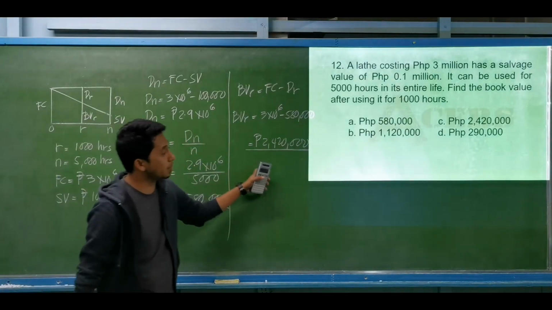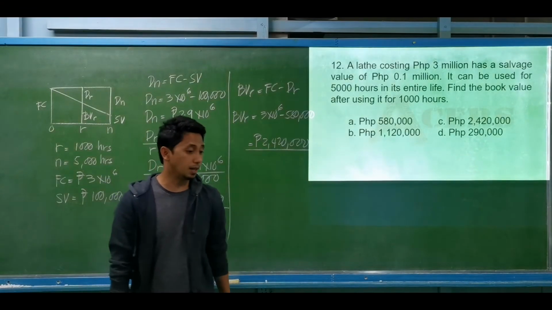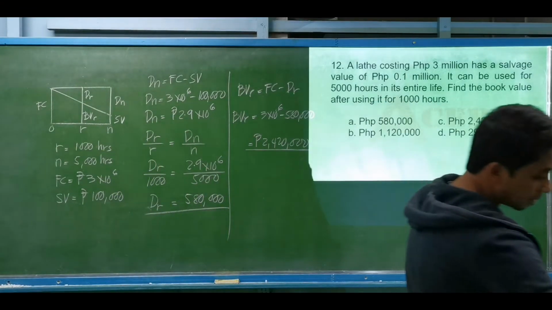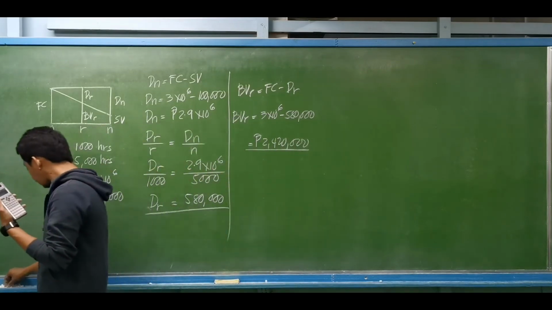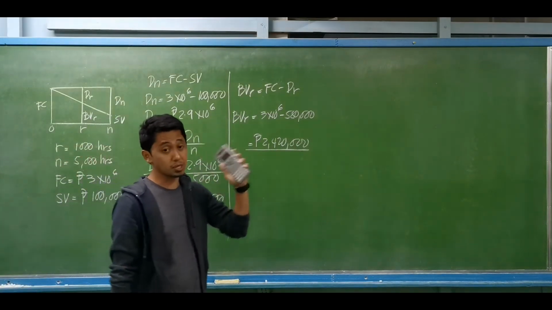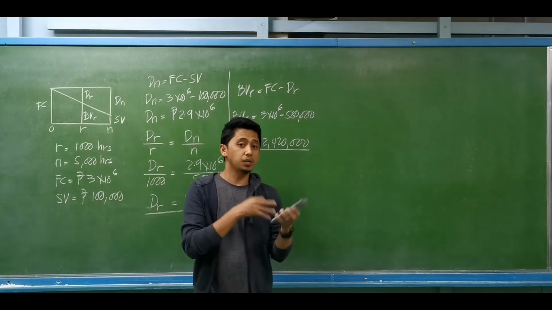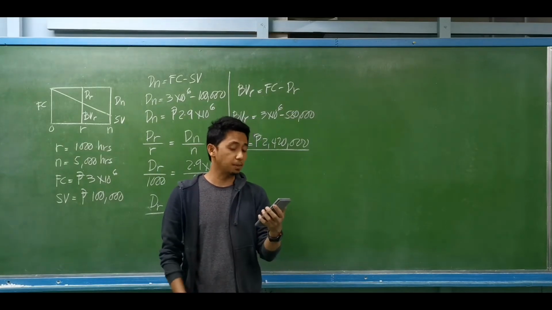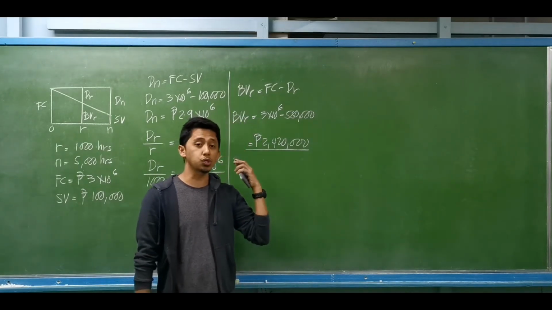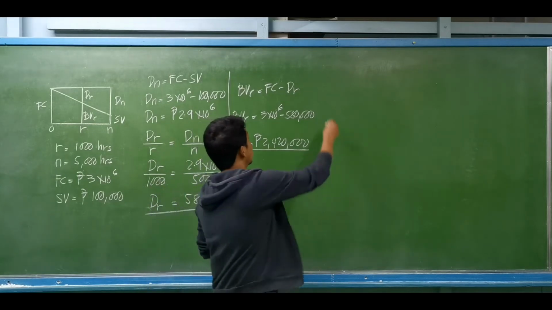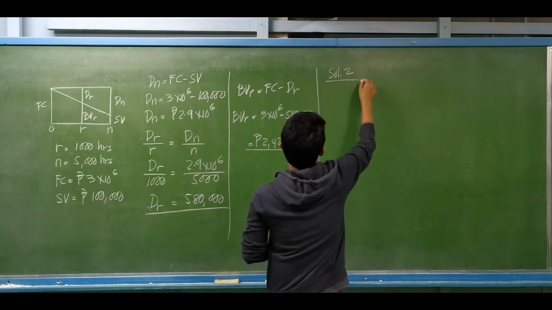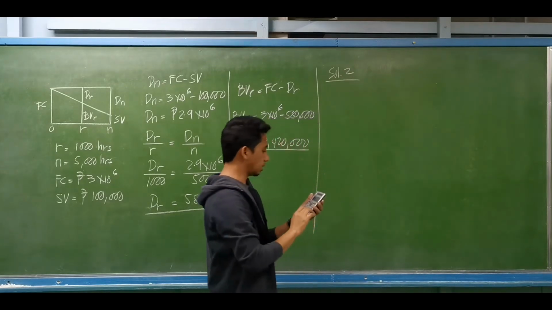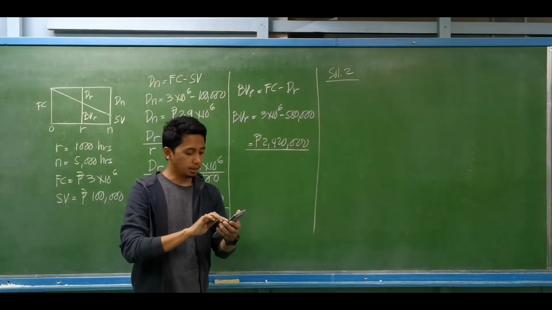So in our choices, that is letter C. So we may use, again, if you are using a calculator allowed by PRC, having the same functions as the 570 plus, you can use mode stat for this example. So this will be our solution number 2, using mode stat of the calculator.